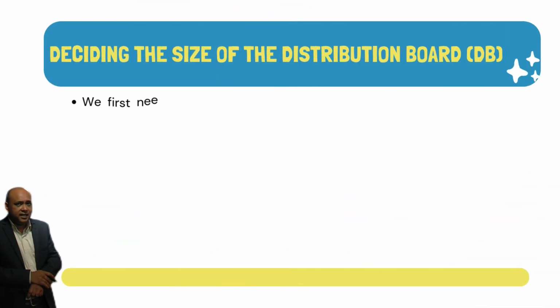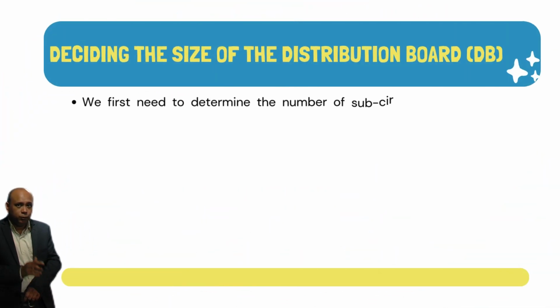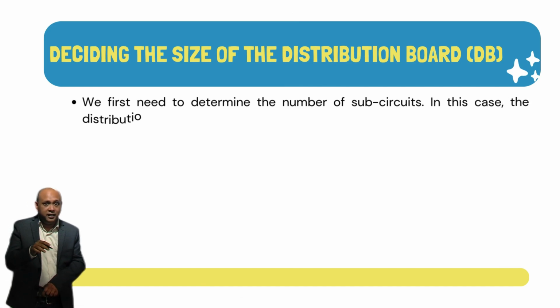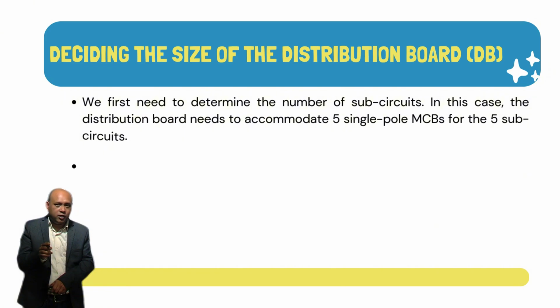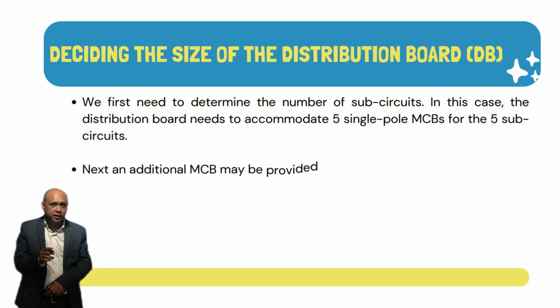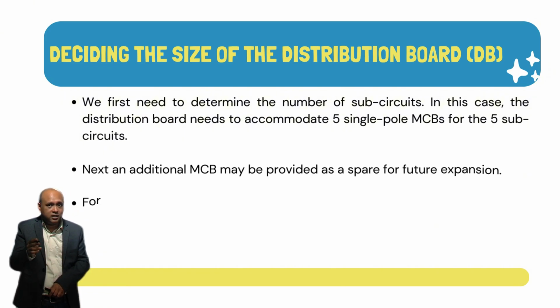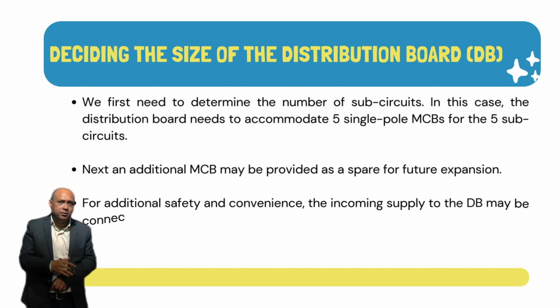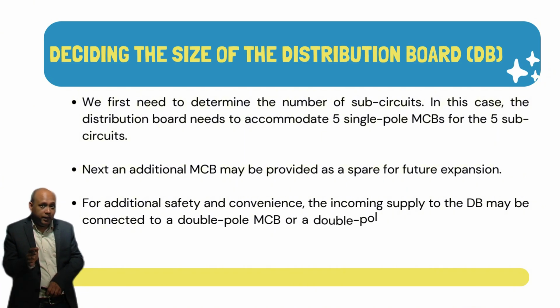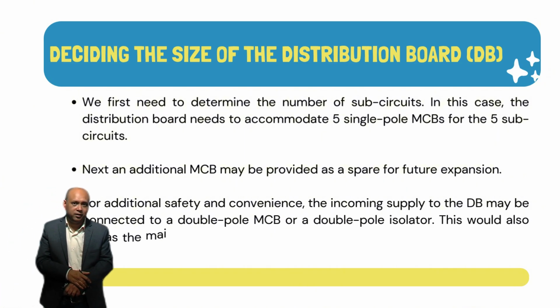Now, to decide the size of the distribution board, we first need to determine the number of sub-circuits. In this case, the distribution board needs to accommodate 5 single pole MCBs for the 5 sub-circuits. Next, an additional MCB may be provided as a spare for future expansion.